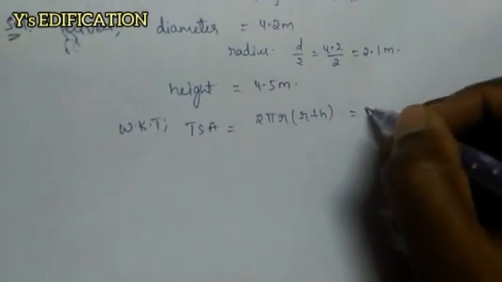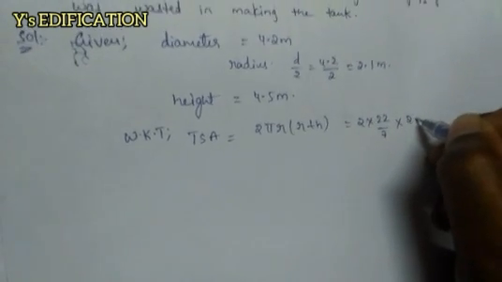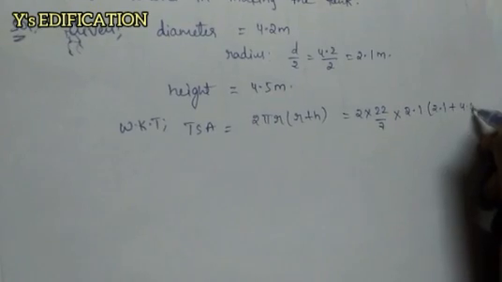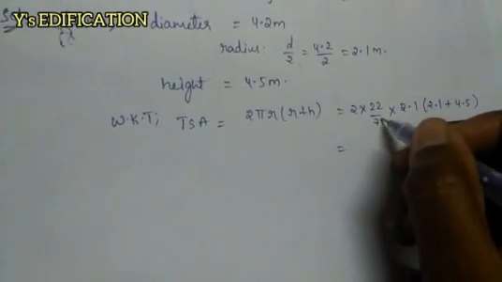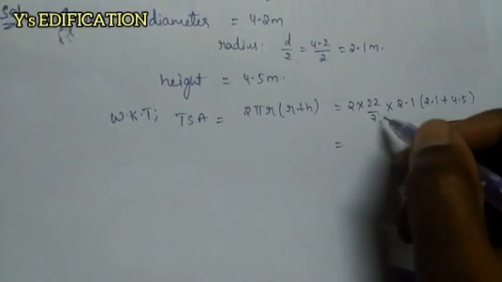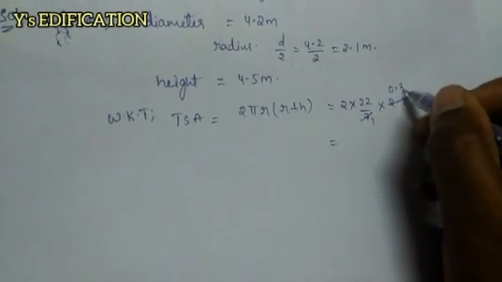So 2 into 22 by 7 into 2.1 into 2.1 plus 4.5. Now 2 into 22 is 44 into 2.1, 7 into 1, 7 into 0.3.